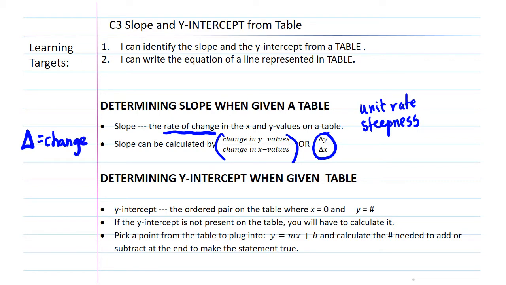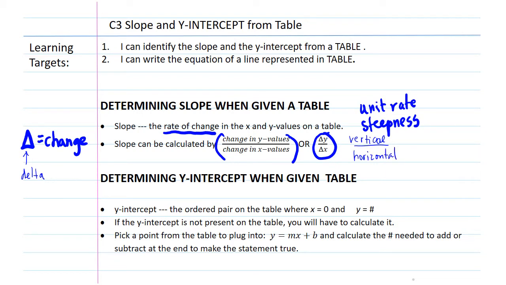That right there is the delta symbol, the Greek letter delta, which means change. So we have the change in y over the change in x, our vertical over our horizontal.